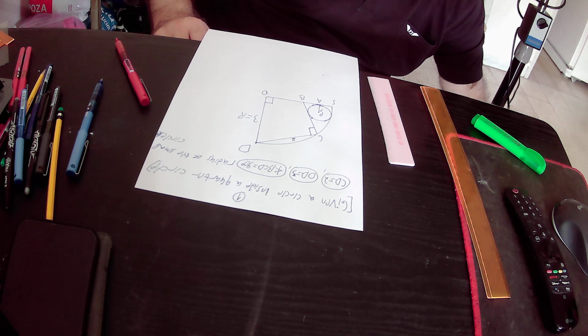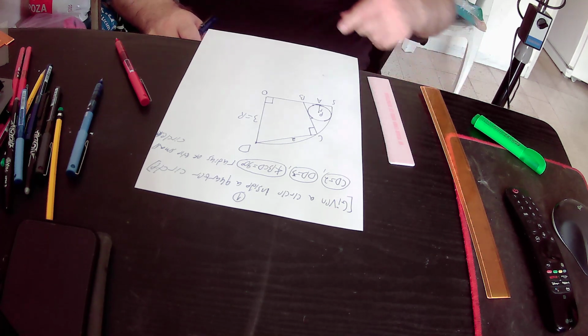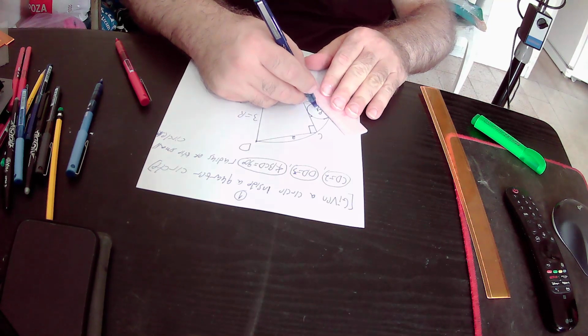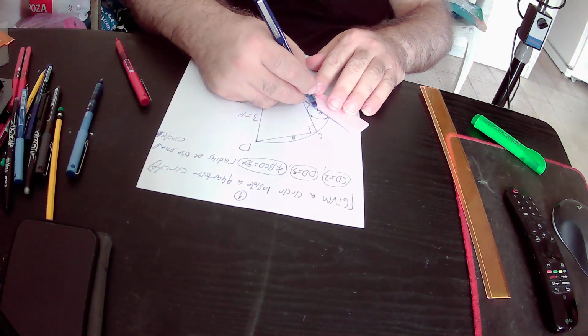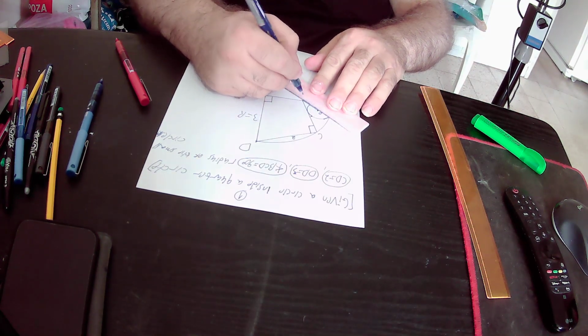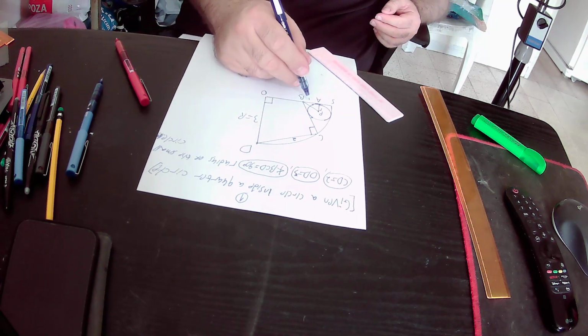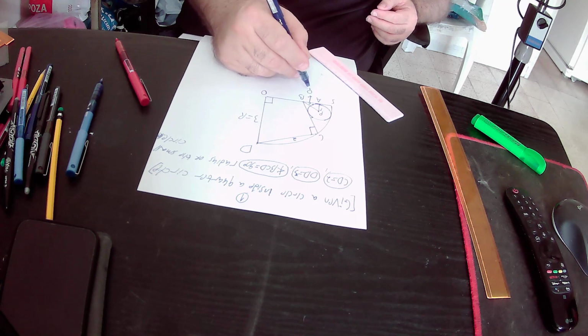In the next step we will join points P and B by a straight line, and we will define angle ABP as theta. So this angle is theta according to our definition.